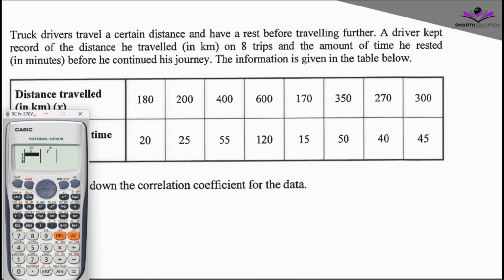Right, so press 2, and then enter the values 180, 200, 400 up to 300. So 180, equals, 200, equals like that. So let's enter all of them, the x values.